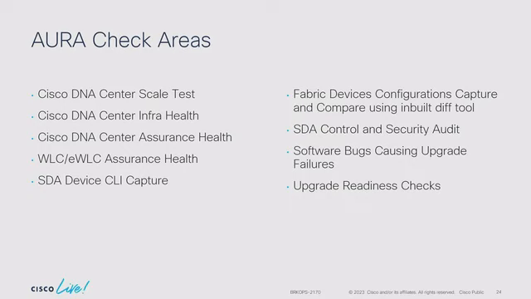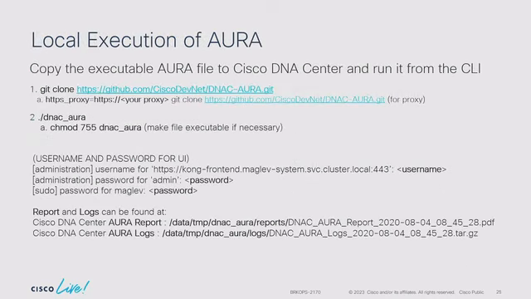Because maybe this one thing that you just skipped, maybe that is the thing that may cause upgrade failure, right? So how important is the Aura tool? It's extremely, extremely important. It's one of these steps that you definitely cannot skip.